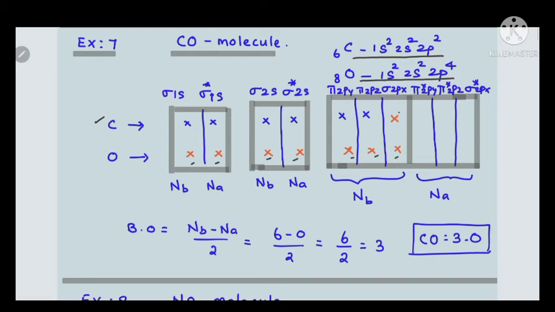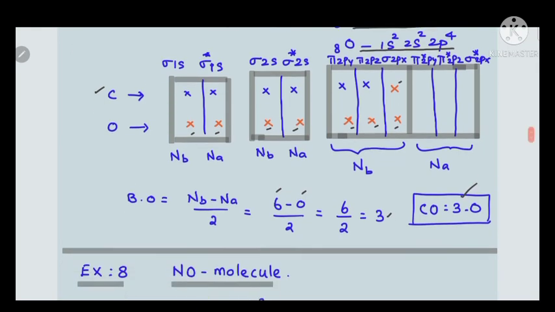The 8th electron of oxygen, which I have drawn here, gets filled in that bonding molecular orbital itself. That's why I have written it with a different color. The anti-bonding orbitals are empty in carbon monoxide. Now I substitute the Nb and Na values in the formula. Nb is 6, Na is 0, 6 minus 0 divided by 2, so 6 by 2 is 3. Therefore carbon monoxide also has a bond order of 3.